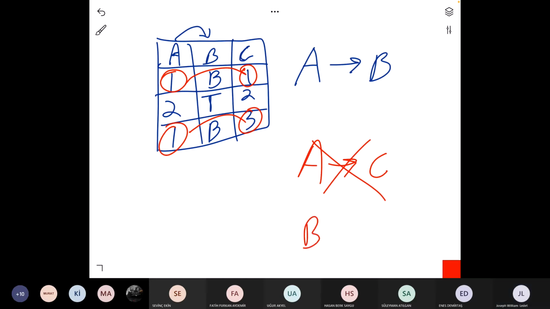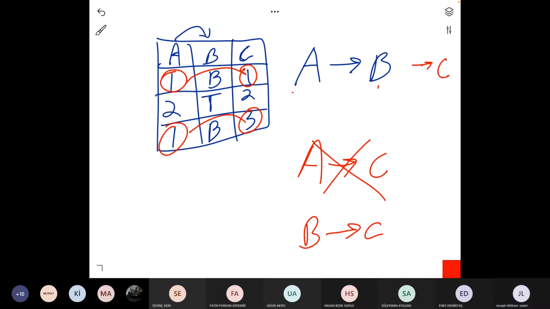What about B determines C? What do you think? No again. What we're going to learn in just a moment is that if A determines B, and B were to determine C, this would be called a transitive dependency.